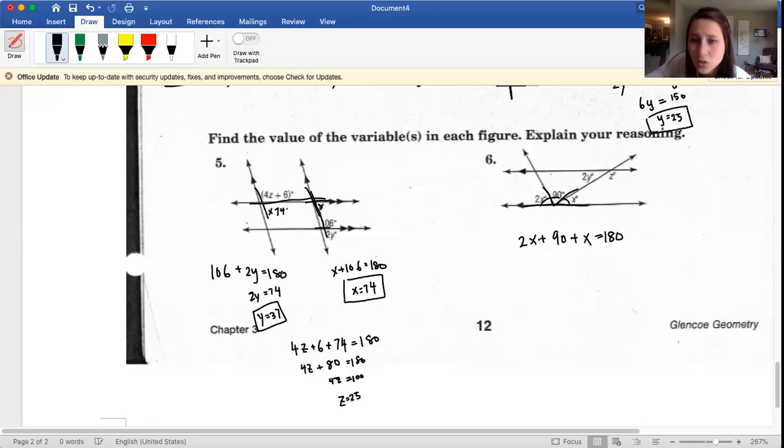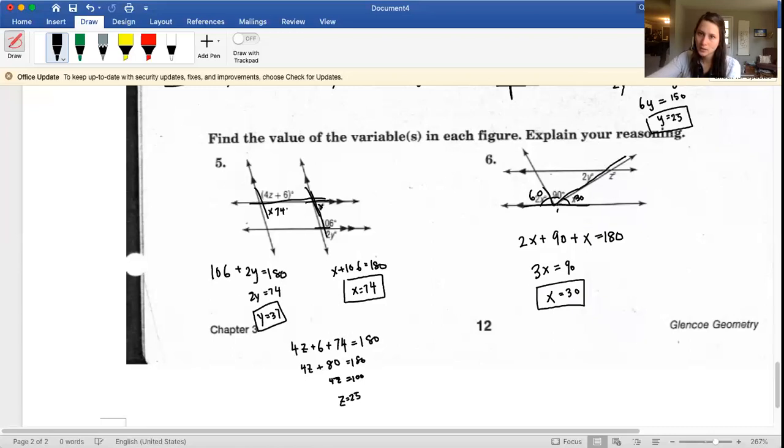So that's one way I can solve for x here because they have the same variable down here. So I have 3x plus 90, which when I subtract, that equals 90. 3x equals 90, x equals 30. So x equals 30 here. If I plug that in, this is 30, and this would be 60, right? Now I need to find y and I need to find z.